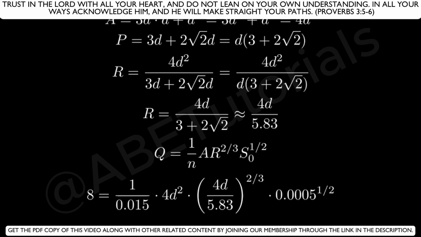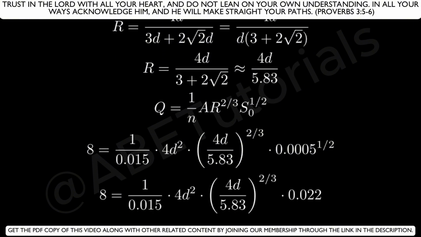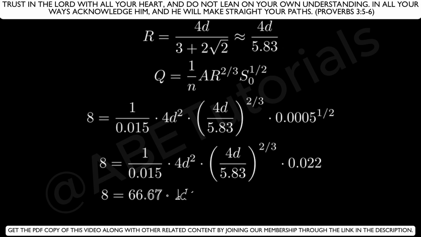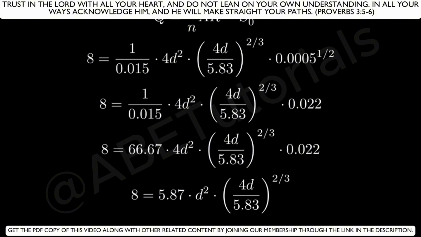Let's simplify this step by step. 8 equals 1 over 0.015 times 4d squared times (4d over 5.83) to the power of 2/3 times 0.022. 8 equals 66.67 times 4d squared times (4d over 5.83) to the power of 2/3 times 0.022. 8 equals 5.87 times d squared times (4d over 5.83) to the power of 2/3.